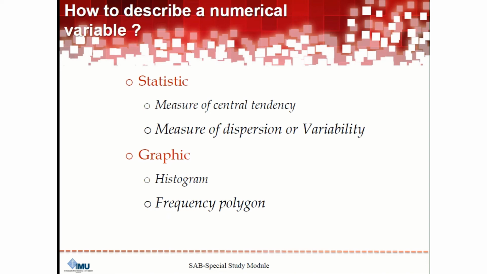How to describe a numerical variable now? Categorical variables we already saw, right? They are mostly done as frequency, proportion, relative proportion, cumulative proportion or percentage, and then bar and pie charts. How about the numerical, for example height? How do you want to present it? We usually use a measure of central tendency and a measure of dispersion.